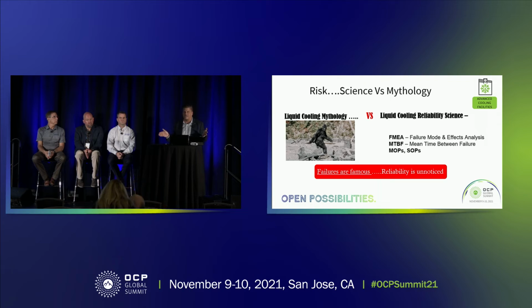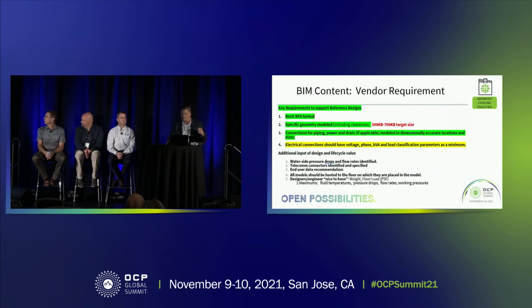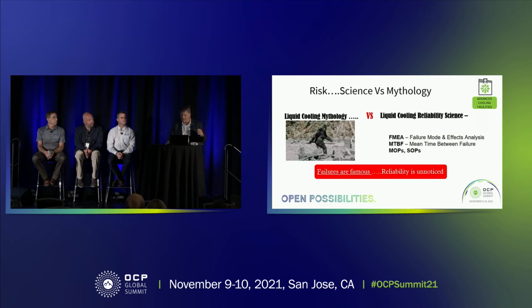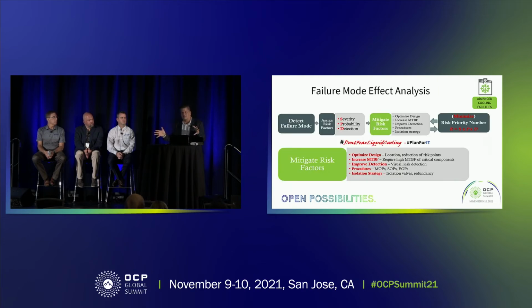If you properly design it, there's a lot of stats, and John Gross has a lot of information that says it doesn't have to be as expensive. And one of the classic areas is if you use FMEA, if you use analysis to determine where your risk factors are and put extra protection in the risk factor areas, you don't necessarily have to overpay to build your data center.